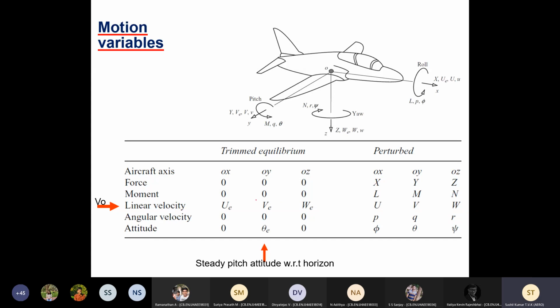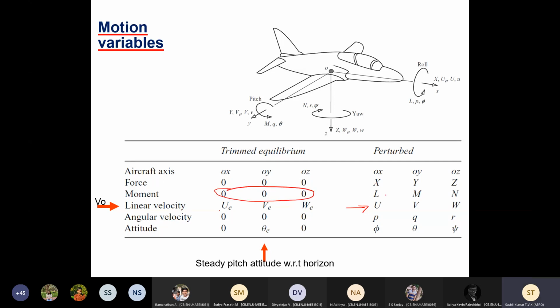Here, if you find the linear velocity, initially it had some components u, v, w, all with subscript e. In the perturbed state, it becomes capital U, V, W. Moments during equilibrium are all zero.